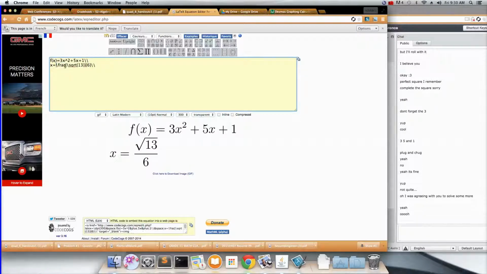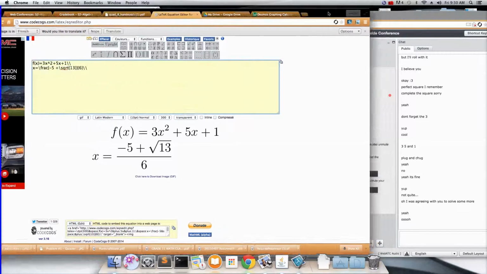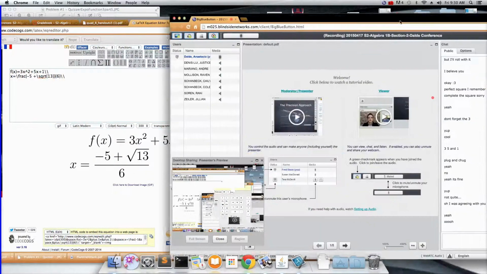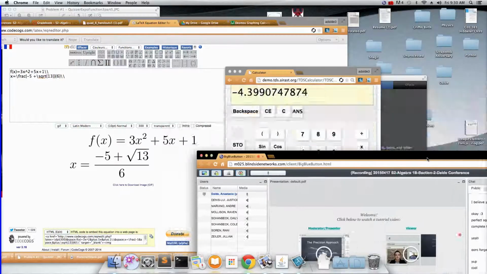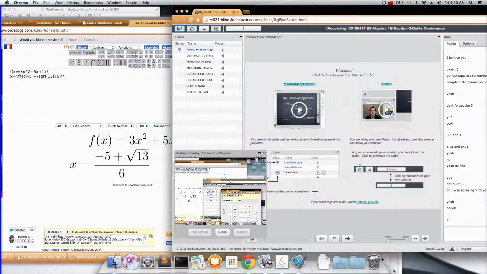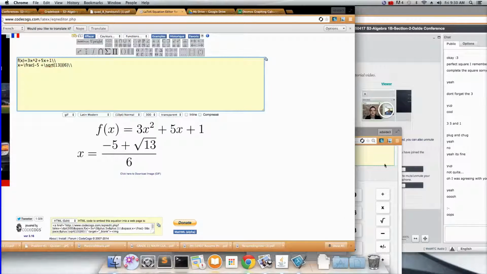What you should plug into your calculator, and this is why I'm such a stickler for these things. One second, sorry, let me find that calculator. There we go. Okay. All right. What you should plug into your calculator is this.